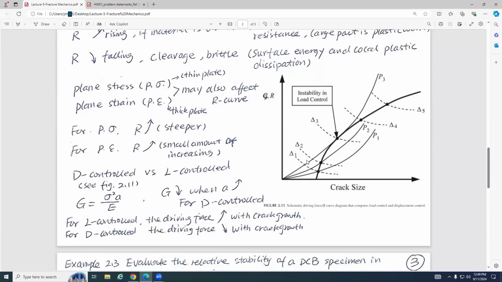However, for load control, the driving force is going up with crack length. This is based on the equation G equals sigma squared pi a over E, and when a goes up, G goes up.